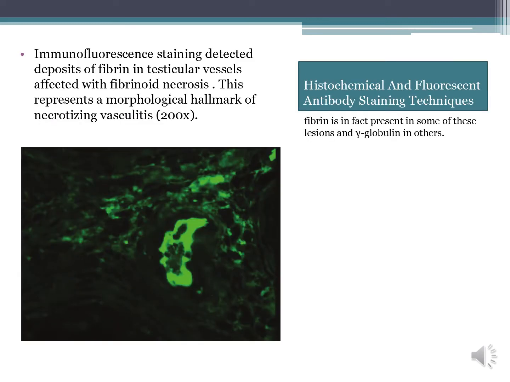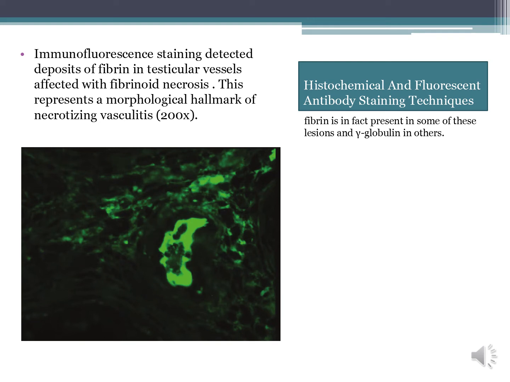Histochemical and fluorescent antibody staining technique may show the presence of fibrin in fibrinoid. So we can see fibrin and sometimes gamma globulin within the fibrinoid due to special immunofluorescence staining.